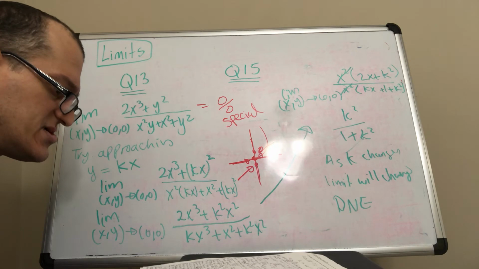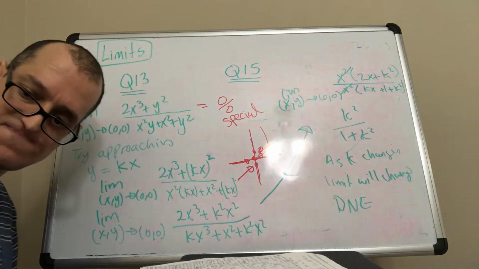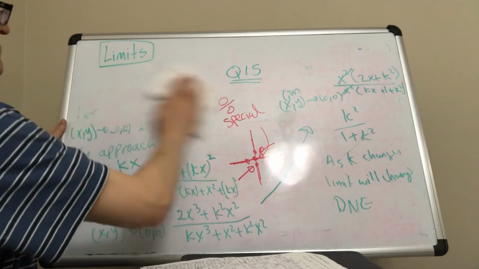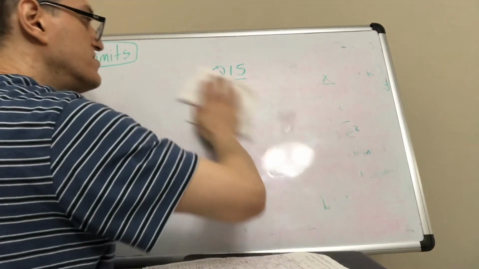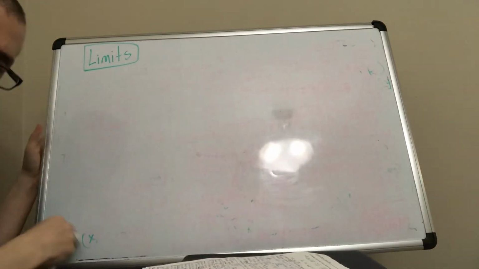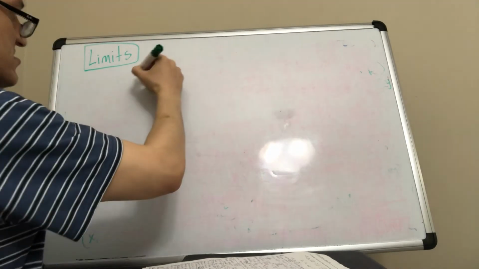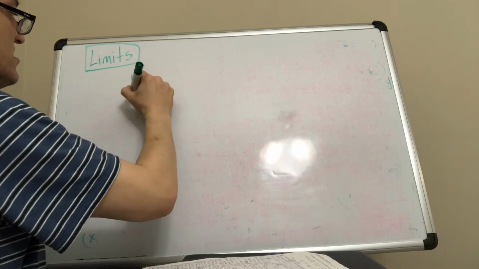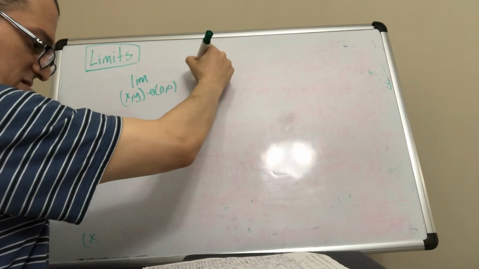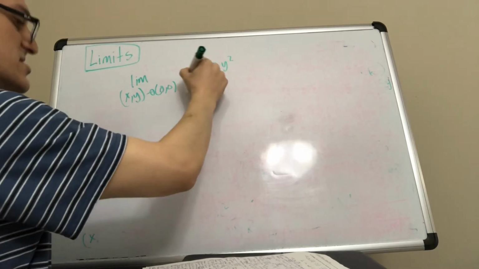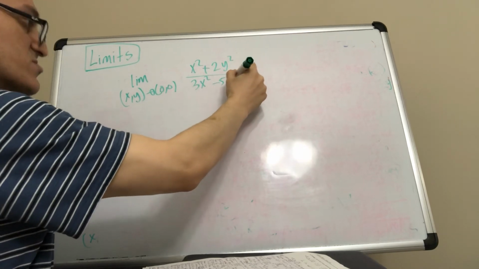I'll do another question also from your worksheet. It was question 15. It was limit xy to 0, 0, and it was x squared plus 2y squared over 3x squared minus 5y squared.